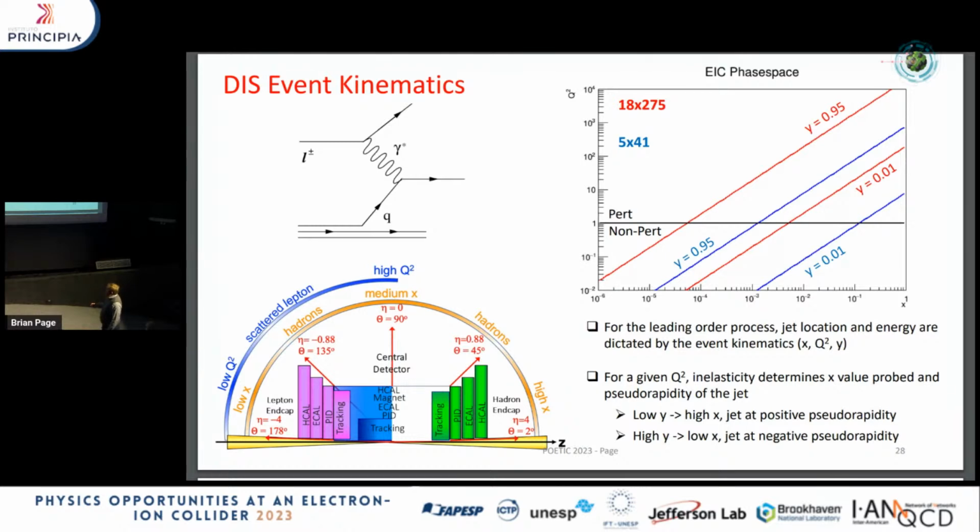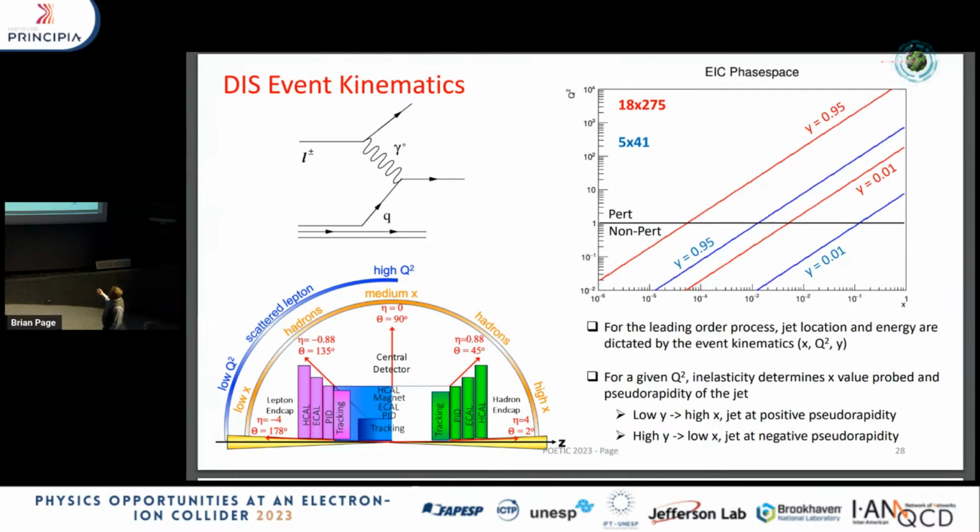And here we see a schematic of the detector. If you're looking at hadrons in the forward direction, you're probing high x. Then of course there's where your scattered lepton sits, which gives your event kinematics, x and Q squared.